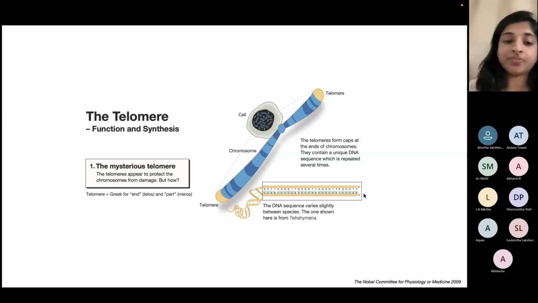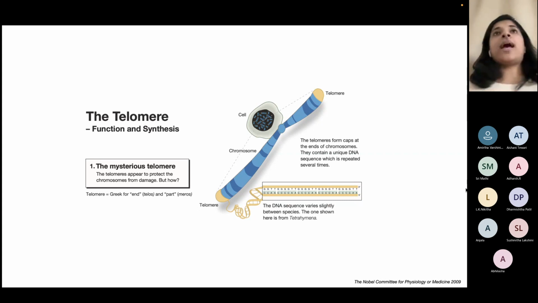Slight variation exists, and it protects the chromosomes from damage. The discovery of telomere and its regulation was awarded the Nobel Prize in Physiology and Medicine in the year 2009. So it's a fairly recent discovery, which was associated with aging and longevity of life.